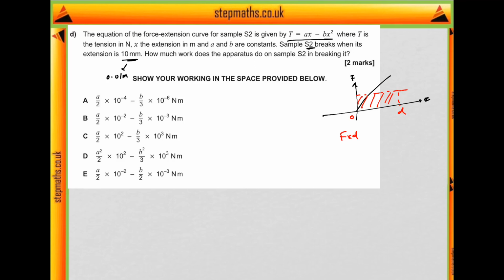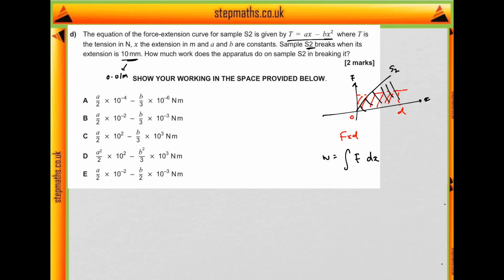Similarly, in this case, we want to find the area under S2. So we want to find this area shaded in black there, because the actual definition for work done is the integral of force dx. That just means it's the area under a force-distance graph.